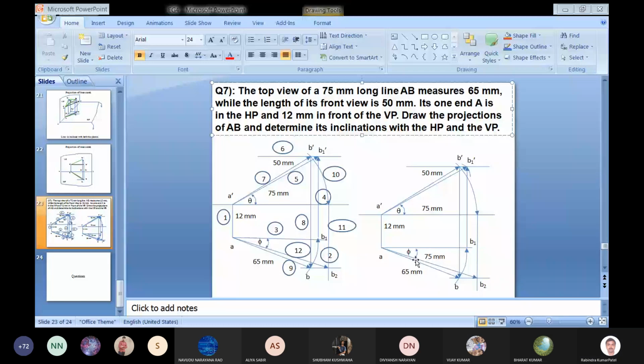So we can have the procedural way, meaning how we can start. The first point is we draw the first line which is shown here, then the second is the arc, third is the horizontal line, fourth one is this vertical line, and fifth is the true length of the line, sixth is the horizontal line, seventh is again the front view of the line, and eighth is the vertical line which is drawn from this point B dash, and ninth is the projection of this line, that is the top view, and tenth is the arc which is drawn again for getting the angle, then the eleventh line, and the twelfth true length.